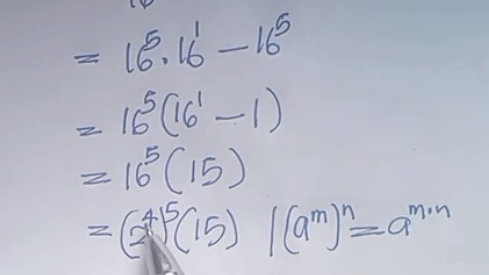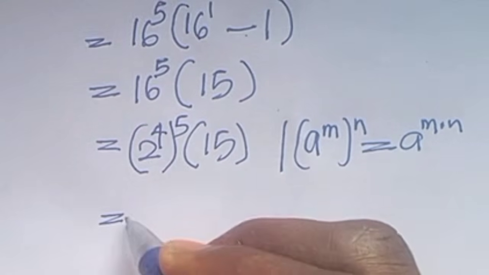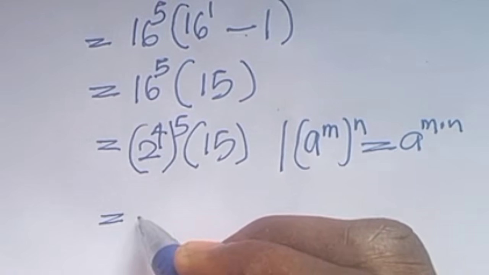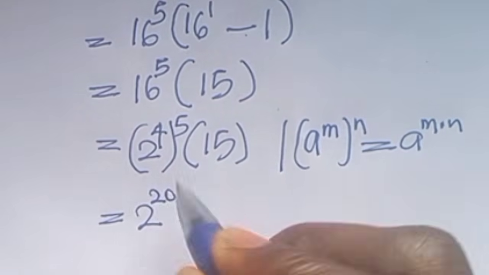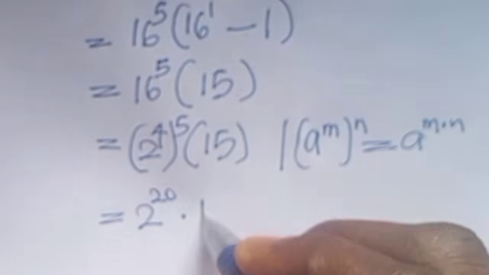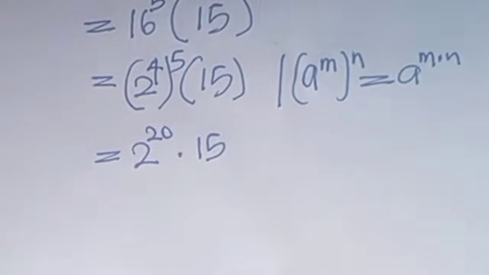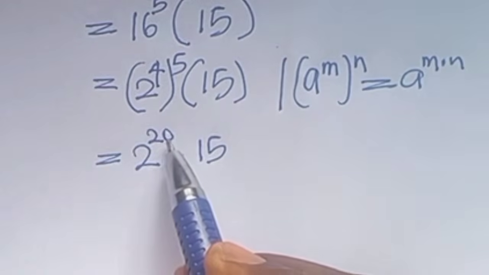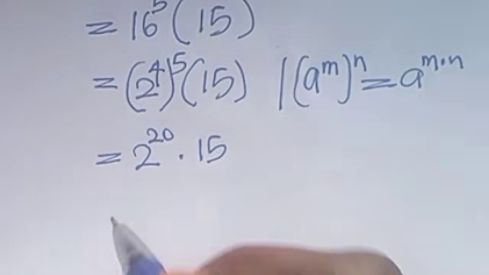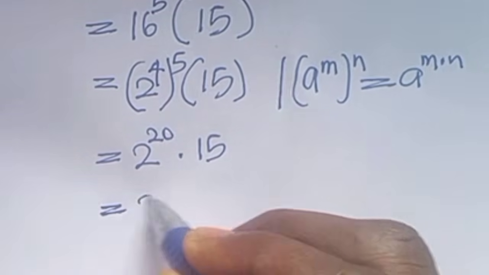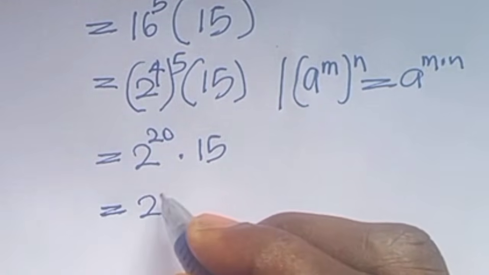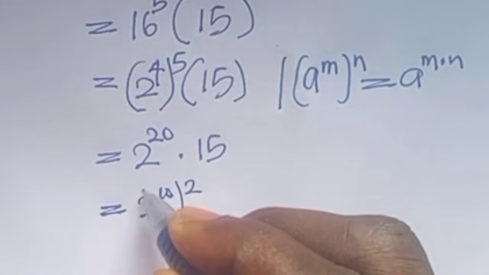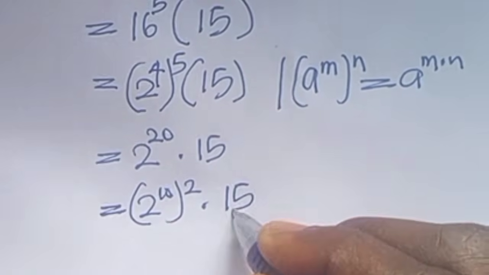So here we're going to multiply the two powers so that the next line becomes 2 to the power of 20, 4 times 5, times 15. Also, 20 can be split into 10 times 2, so that the next line becomes 2 to the power of 10 to the power of 2, times 15.